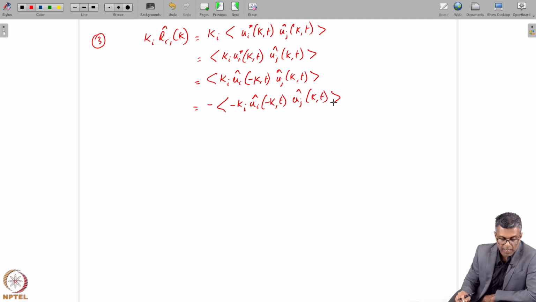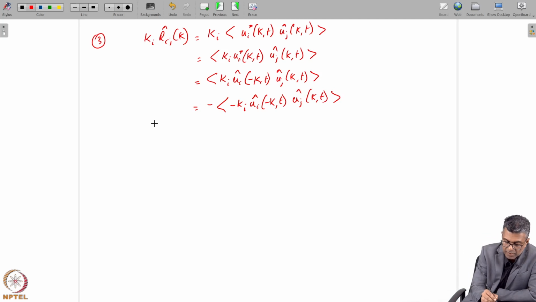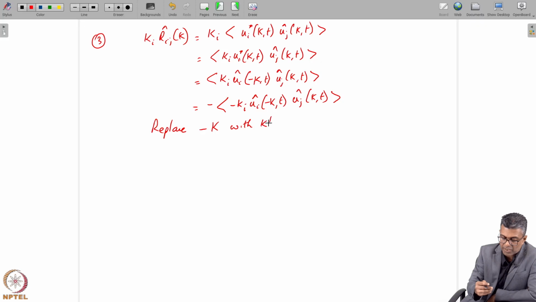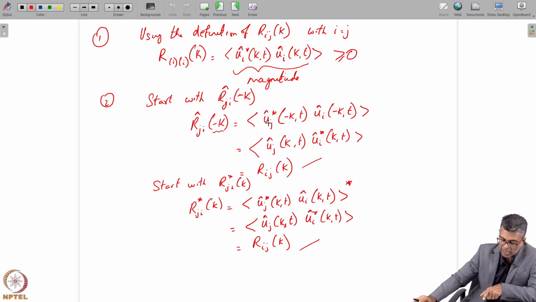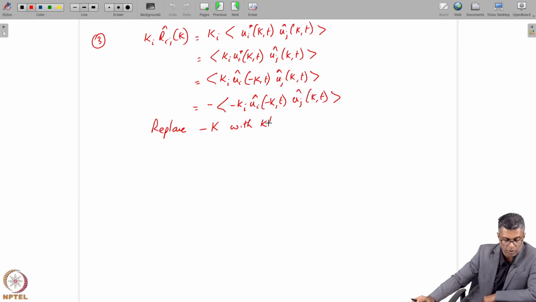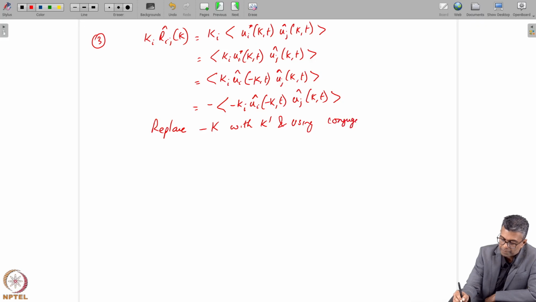Now all I need to do is replace minus kappa with kappa prime, some new kappa, right? And I use the conjugate symmetry. What was the conjugate symmetry? The conjugate symmetry was Rij of minus kappa is equal to Rij of kappa. So, using conjugate symmetry, I replace kappa with kappa prime.